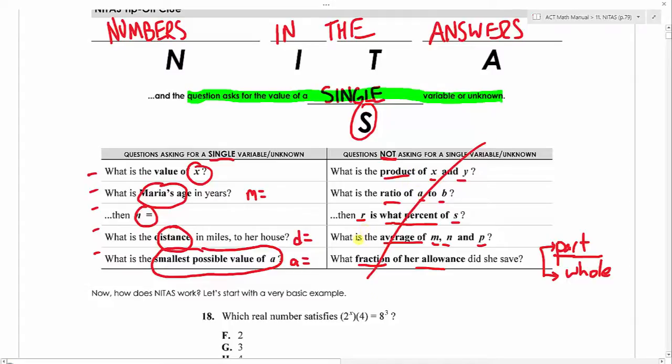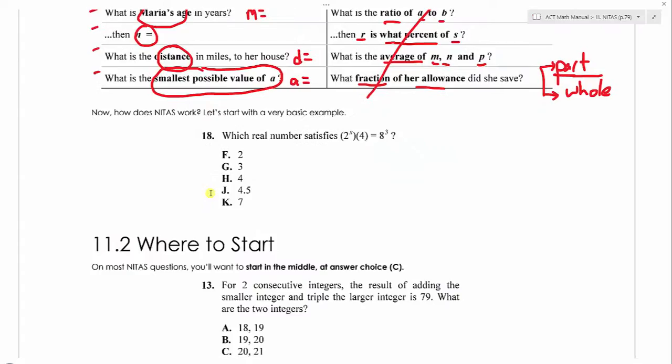There actually are some where we can still use NITAS, but this is the kind of stuff you want to look for in looking for a question that can be NITAS. You want to look for questions that just say what is X, what is M, what is N. So number 18, you will remember from the VITA video, I said a few times that there were going to be some questions that you probably would feel confident solving with algebra as opposed to the tin technique, and that's perfectly fine.